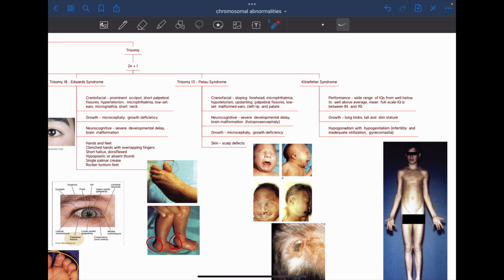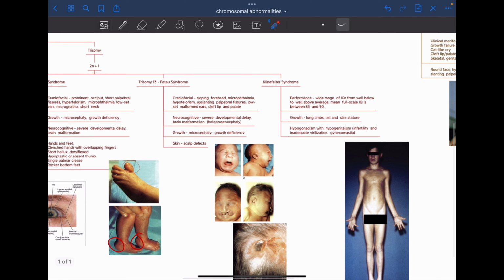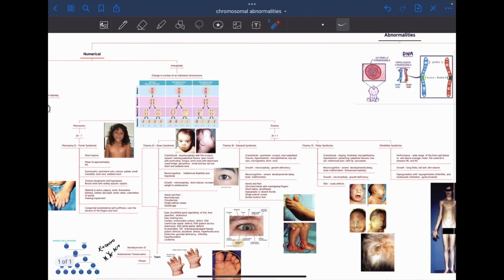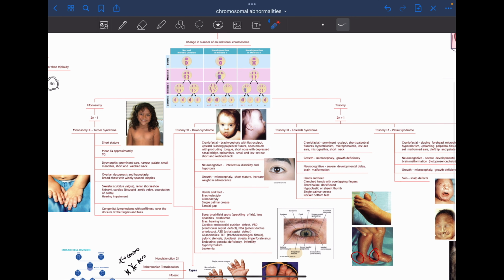There are developmental delays and brain problems, and something distinguishable in Patau syndrome is holoprosencephaly, which is basically that the brain is pretty much one ball, so it's not separated into two spheres. You've got microcephaly, growth deficiencies, and scalp defects that you can see in this picture where the skin isn't properly covering the head. Now these are the 3 main autosomal problems that we have.